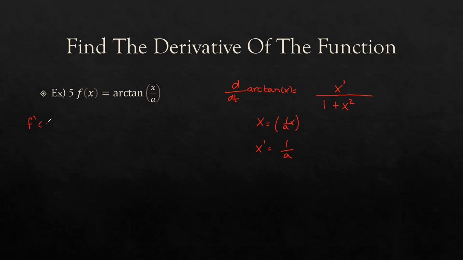So f prime of x equals x prime, which is 1 over a, over 1 plus x squared. So what is our x? It's x over a, squared. So that would be 1 over a over 1 plus x squared over a squared.